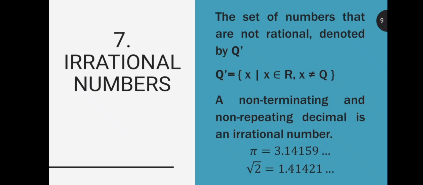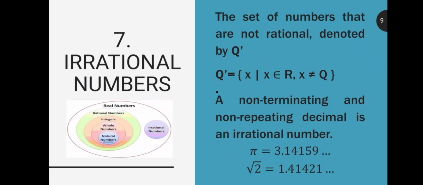For example, pi has a value equal to 3.141519 and goes on and on. It does not repeat and it doesn't end. Therefore, it is an irrational number. Another example is the square root of 2, which is equivalent to 1.41421, which also does not repeat and does not end.